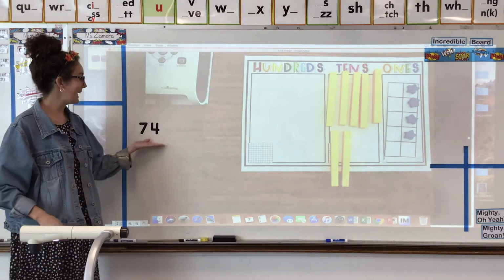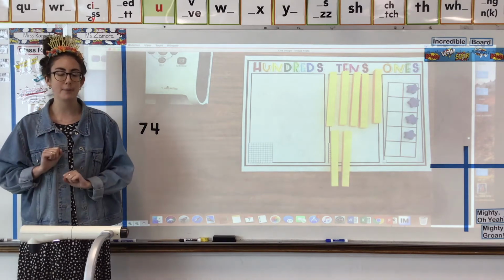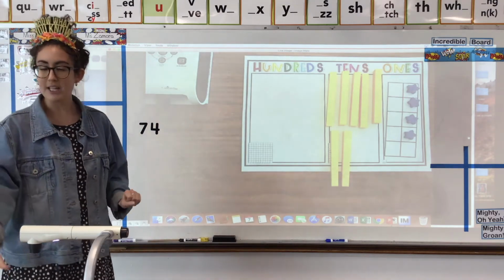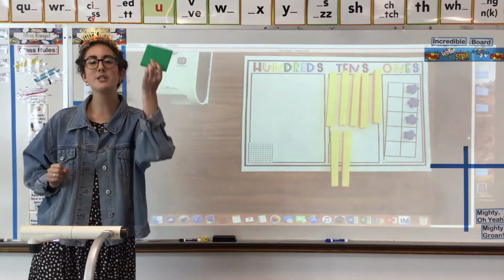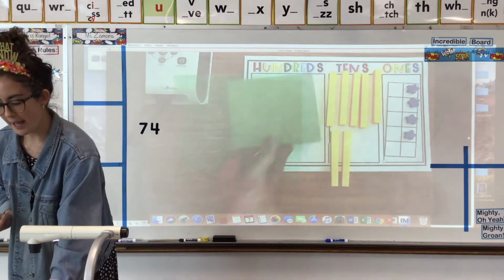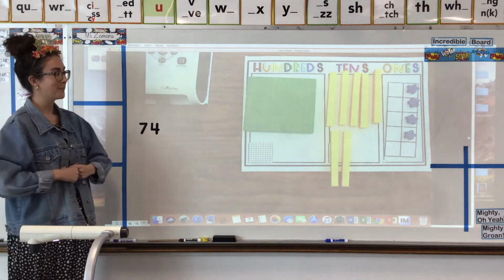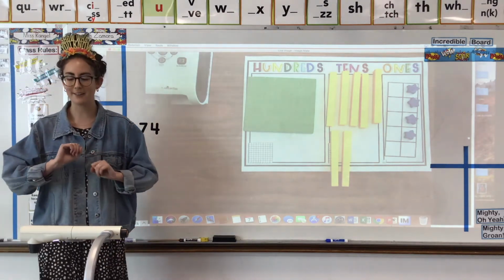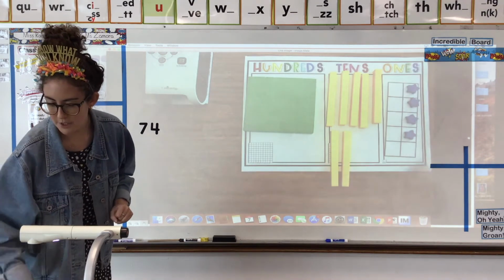So, we're taking 74 and we're going to compare it to a second number. So I need you to keep what you have so far. And I want you to add 100. Can you add 100 to your chart? So second grade, when we added our 100, what number do we get?